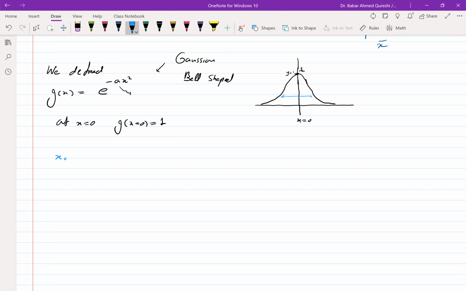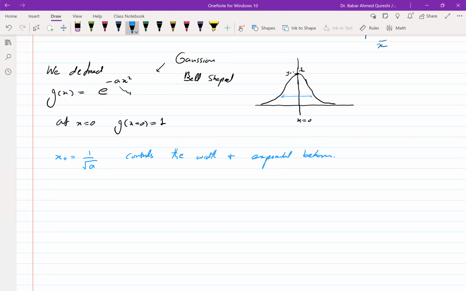If I call it x naught, I put this value 1 over the square root of a, which is related to this parameter a over here. It controls the width and the exponential behavior. There is a power of exponent, so it's a decreasing exponential.